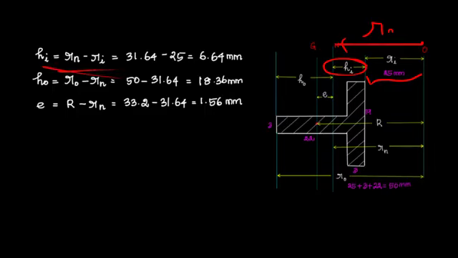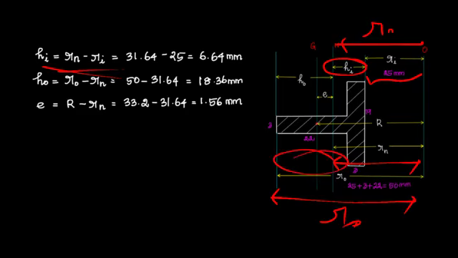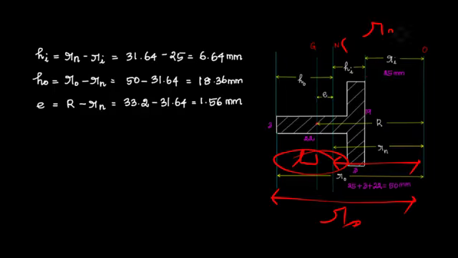Similarly, the total distance to the outer fiber is Ro and we know the Rn value. So Ro minus Rn gives the ho value. So hi is equal to Rn minus Ri, ho is equal to Ro minus Rn. By calculating the Rn value, and if we know Ri and Ro, we can calculate hi and ho from the diagram itself.